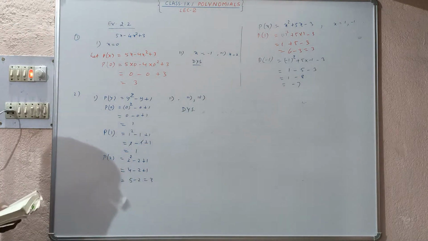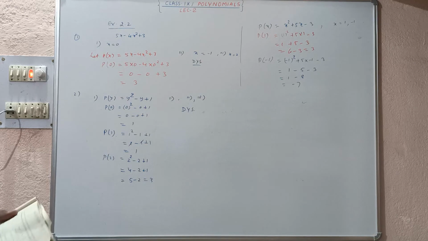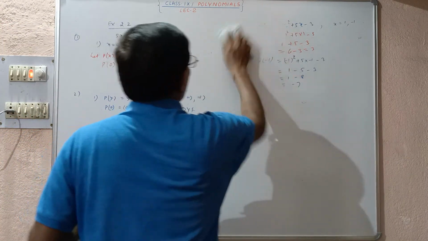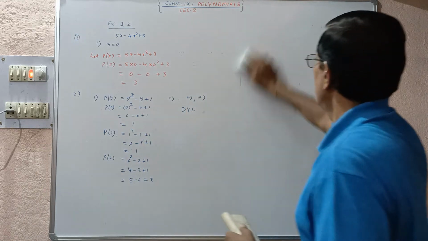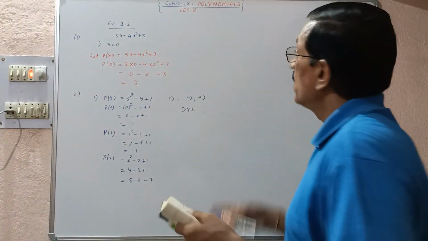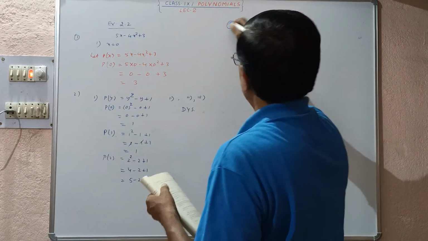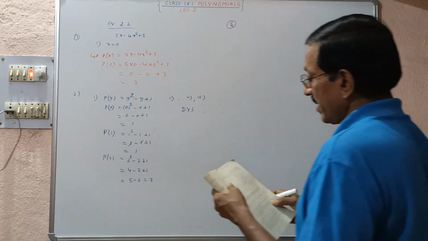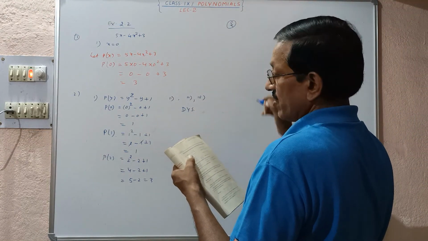Now we see question number 3. Question number 3 is: verify whether the following are zeros of the polynomial indicated against them.